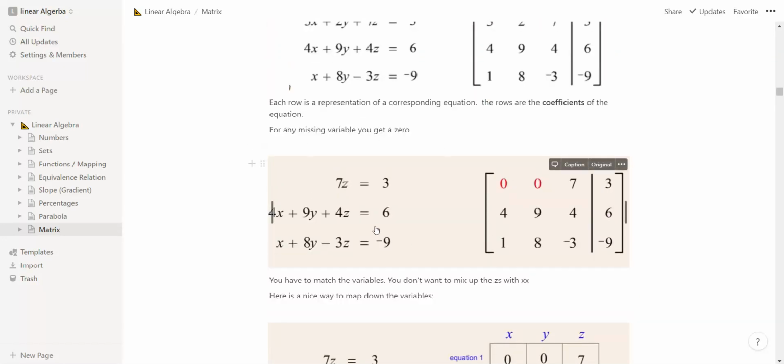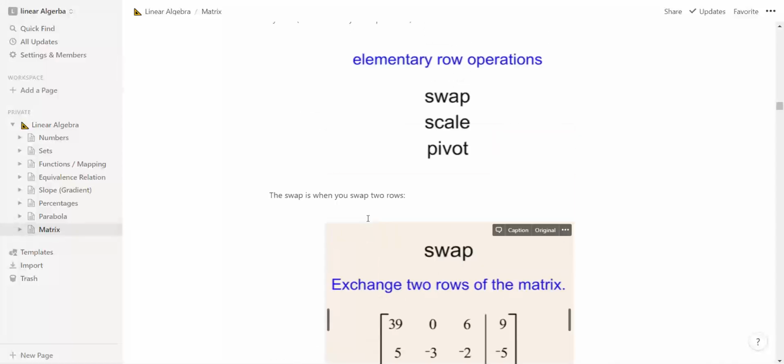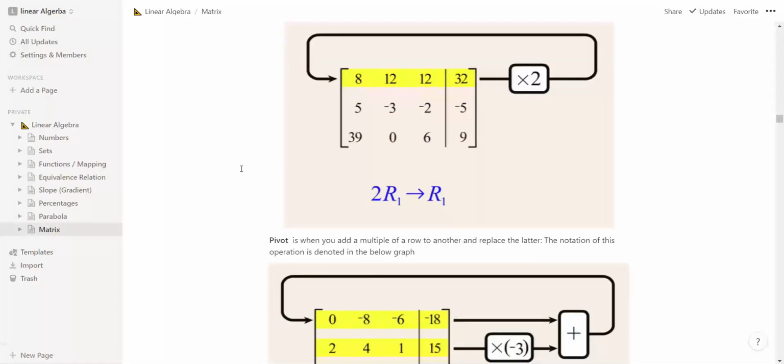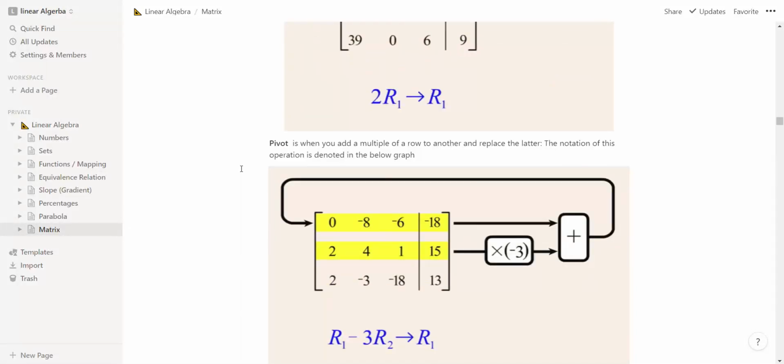So you plot it, and then you do the general operations: swap, pivot, and multiply by a scalar.